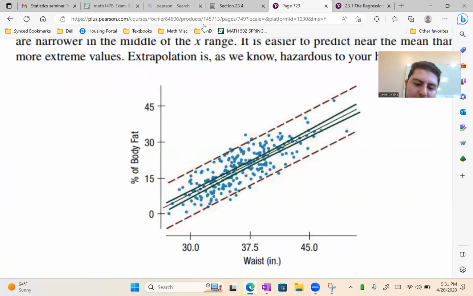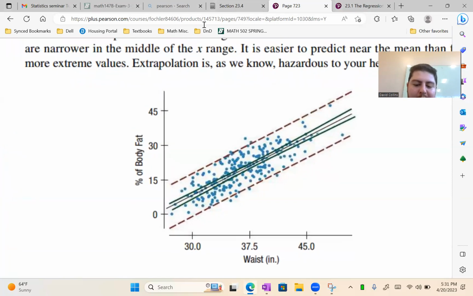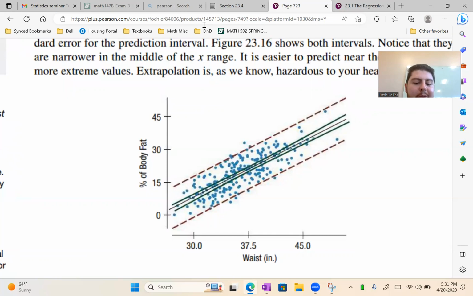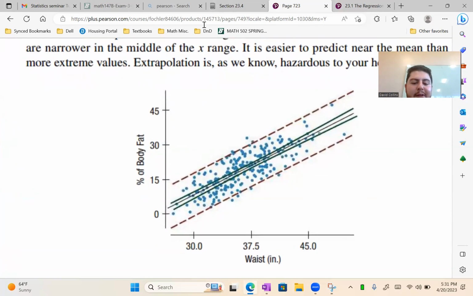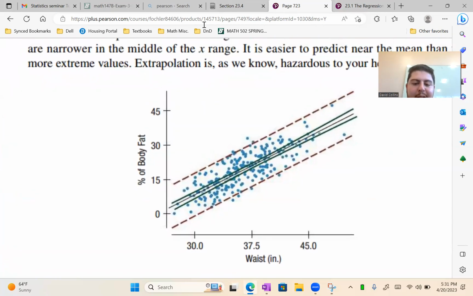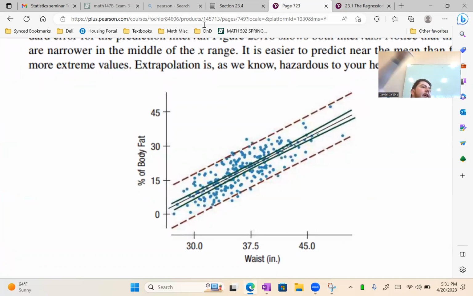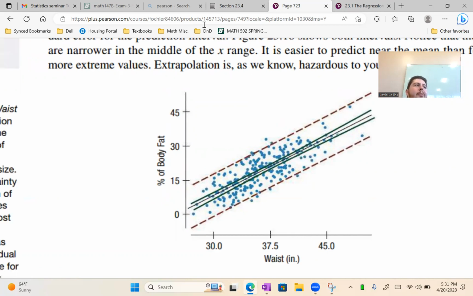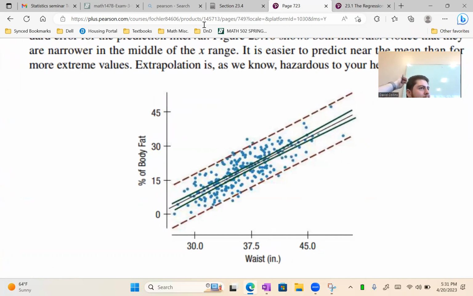It's actually focusing on a point at 38 on the x-axis. And those green lines are what's called the confidence interval for that individual value using the bigger equation. The dotted red lines are the confidence interval for the mean value. So these are basically two-dimensional confidence intervals called confidence regions.